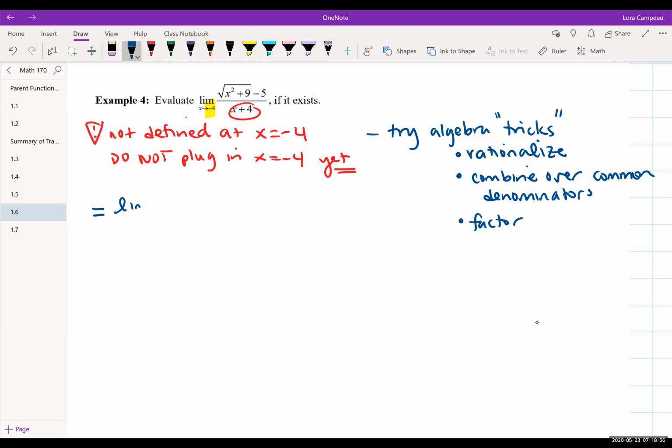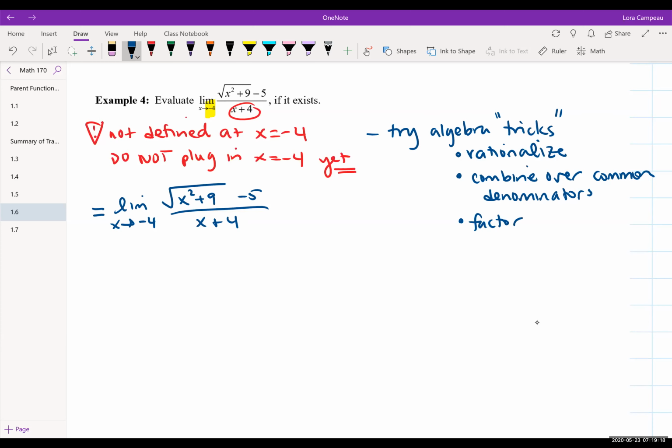I'll rewrite it: x is approaching -4. So I'm writing the original function over again, just so you can see what I'm demonstrating.